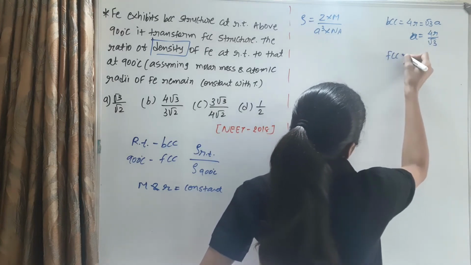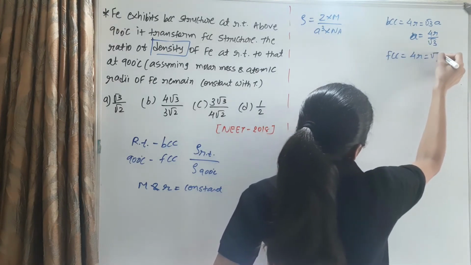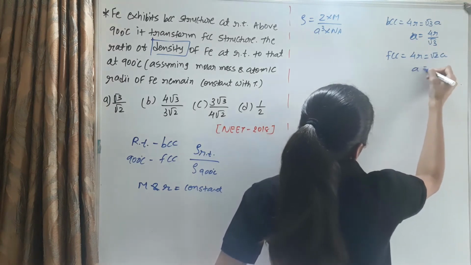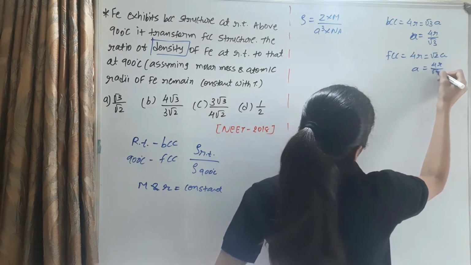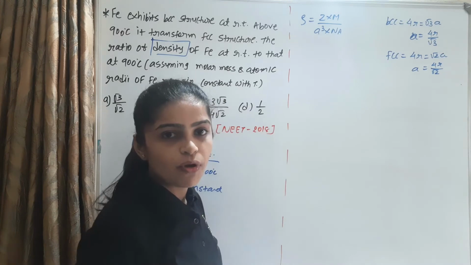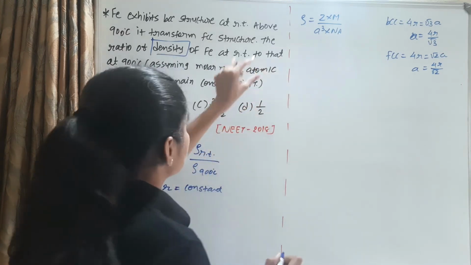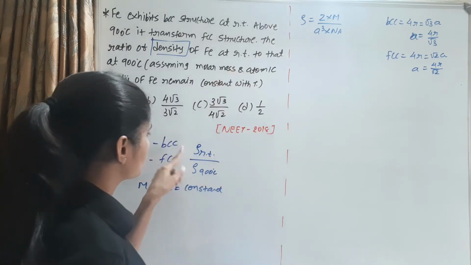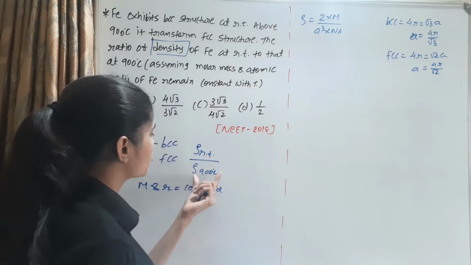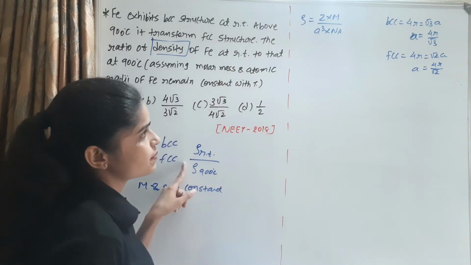In the same way, for FCC, 4r is equal to root 2 a, so a is equal to 4r divided by root 2. Then we put this value in the equation for the ratio of rho at room temperature to rho at 900 degree temperature.